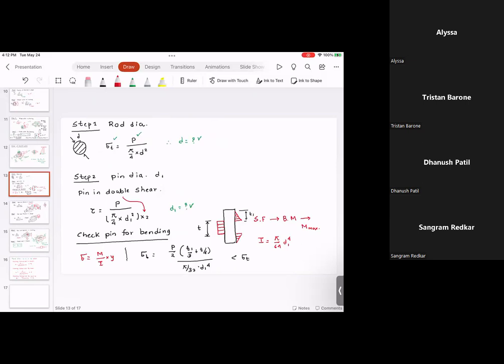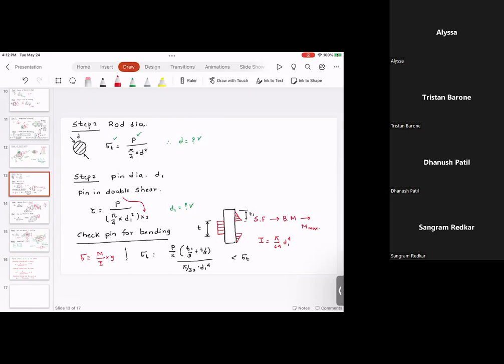So all these dimensions can be described as proportional to the rod diameter. But even though you get all these different dimensions, you should show that your design is safe, which means once you find all these dimensions, just go step by step and check if your joint is safe. And that is how you would design a knuckle joint.